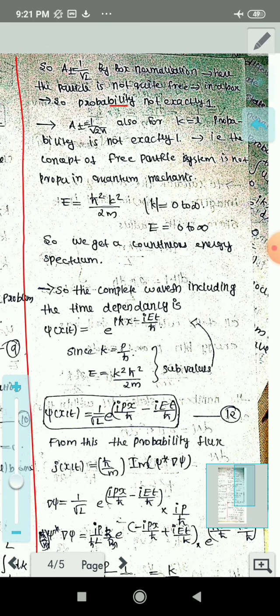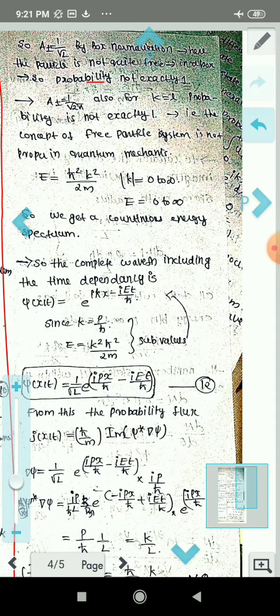In that case also we put a restriction that it is from minus L by 2 to L by 2, isn't it? So the particle is not free actually. Similarly the probability is not exactly 1 when we normalize using the delta function also. So we can say that the concept of a free particle system is not proper in quantum mechanics.